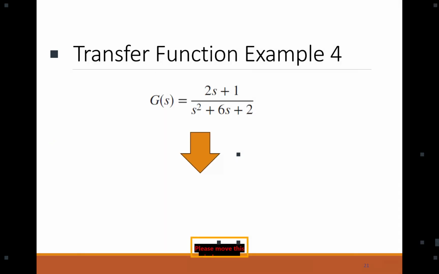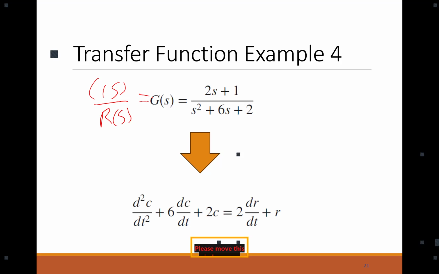Now let's go back. We have a transfer function of a higher order, not just first order, and we want to turn it to the time domain. Again, it's very simple. G of S is C of S over R of S. So C of S times the denominator is equal to R of S times the numerator.